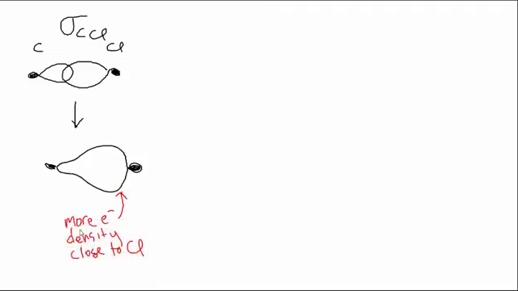The flip side of that is that if I want to see sigma star CCl, I have my carbon orbital and my chlorine orbital. Now the sigma star is going to have a greater contribution from carbon and a smaller contribution from chlorine.